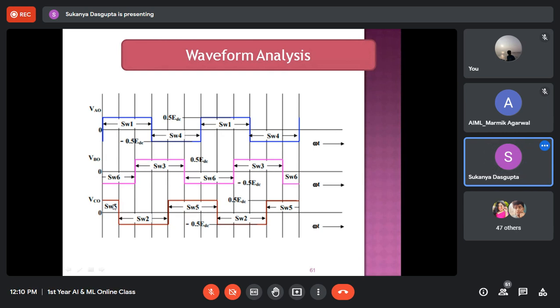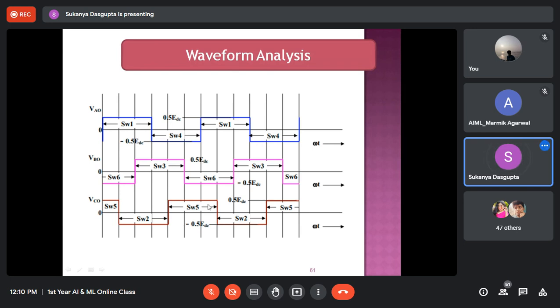Since S5 is under phase C, phase C is 240-degree displaced from phase 1, right? So this is omega t equals 240. That means for the last 180, SW2 is working. That means before that, in this small interval 0 to 60, S5 is working.